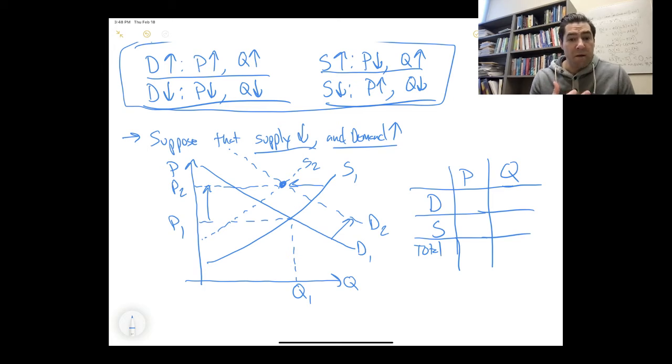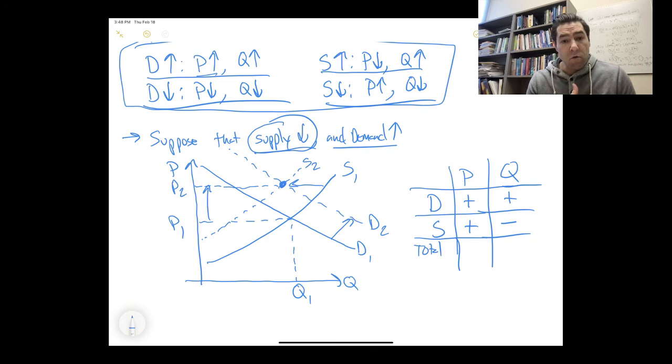We figured out that demand is going to increase. Well, according to this, an increase in demand causes the price to increase and the quantity to increase. They both go up. Supply. In our example, supply decreased. So I go up here and I say, okay, if I was just dealing with supply, a decrease in supply causes the price to go up, the quantity to go down.